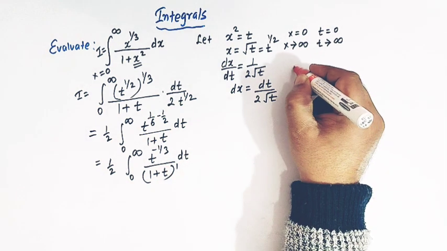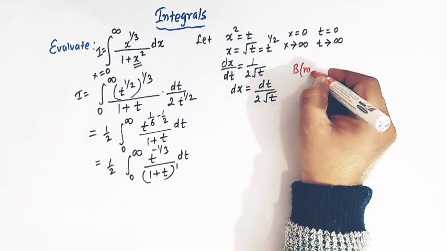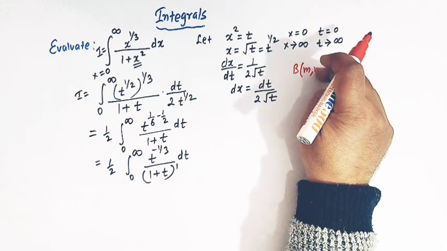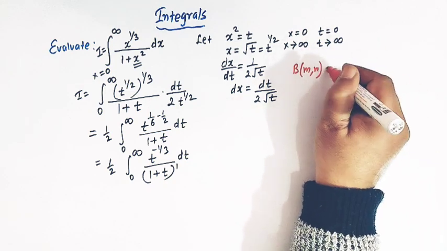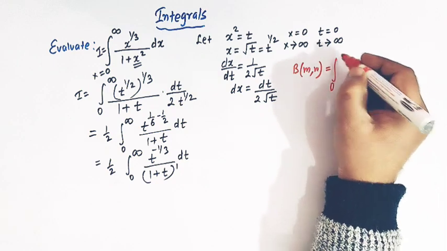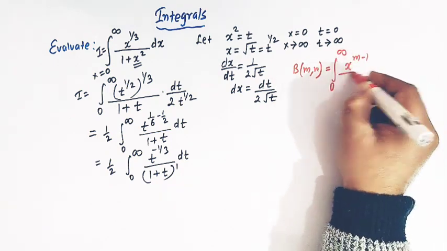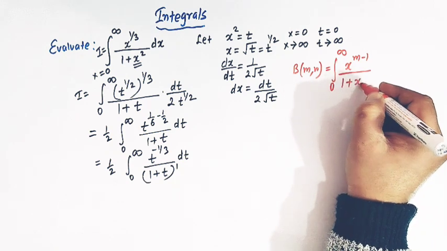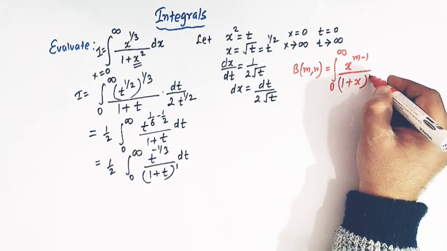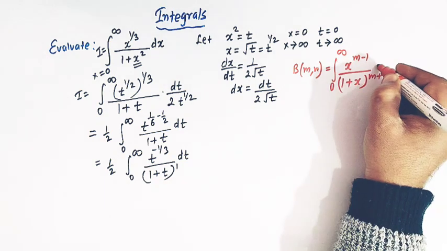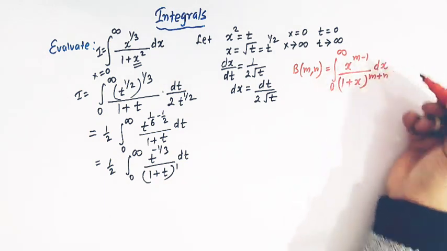Now see, the beta function is defined as beta m n is given by the integral 0 to infinity x raised to m minus 1 divided by 1 plus x raised to m plus n, dx.